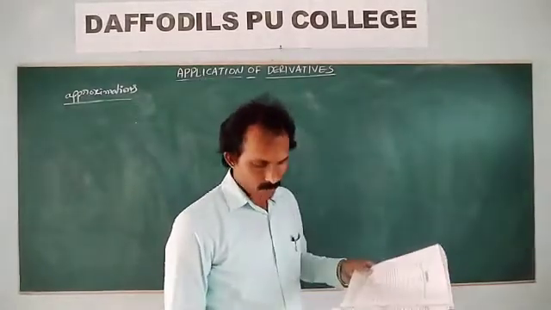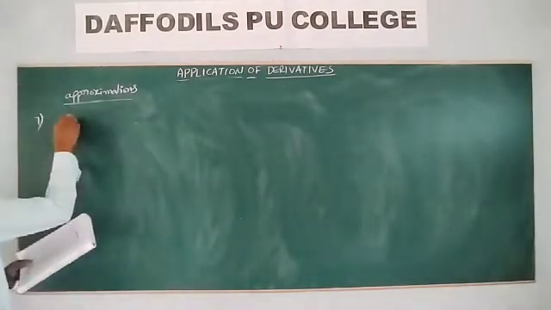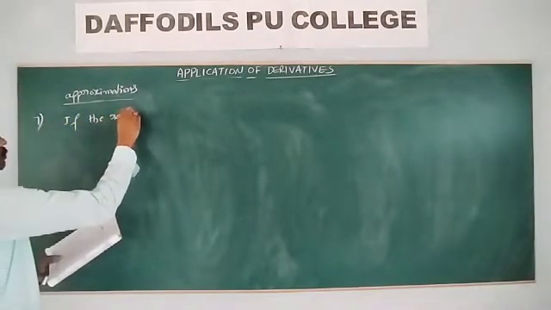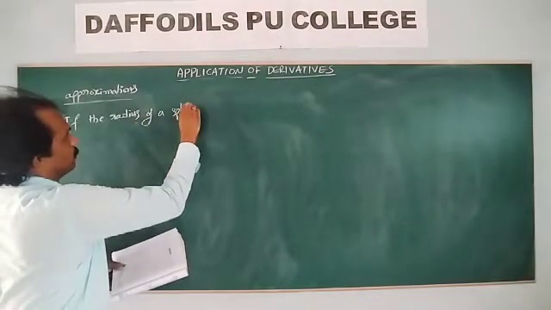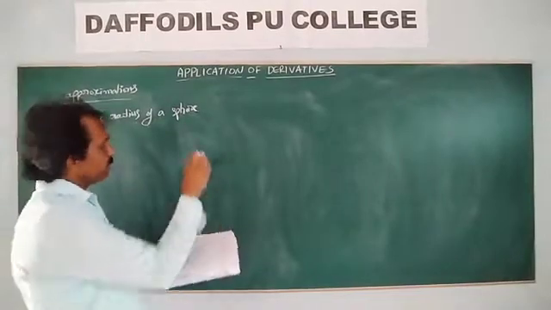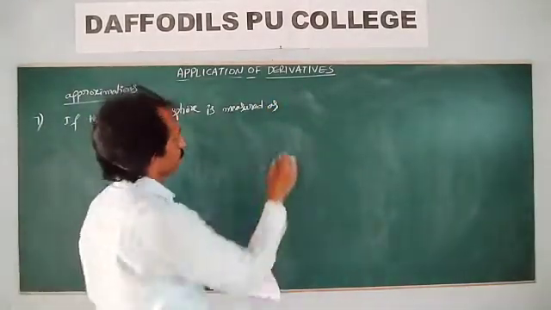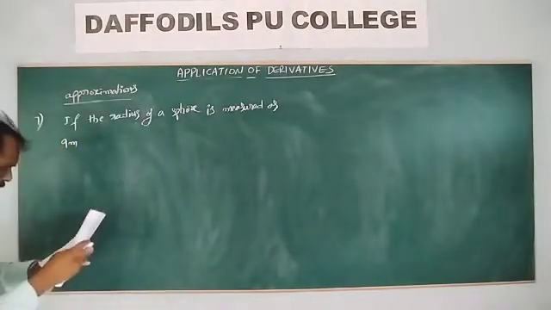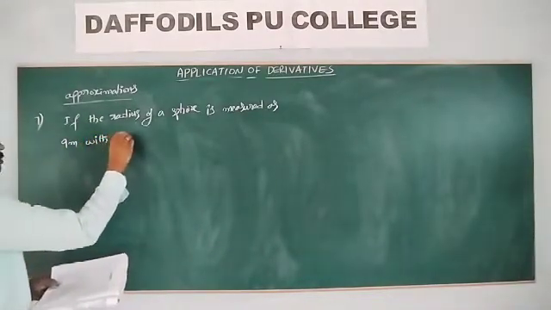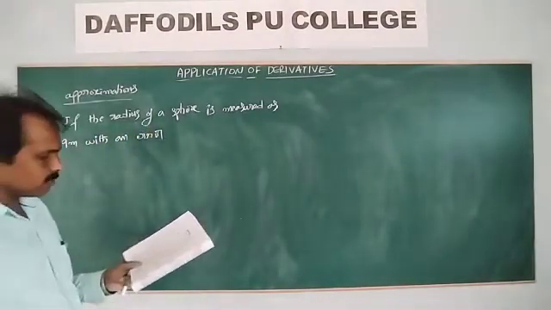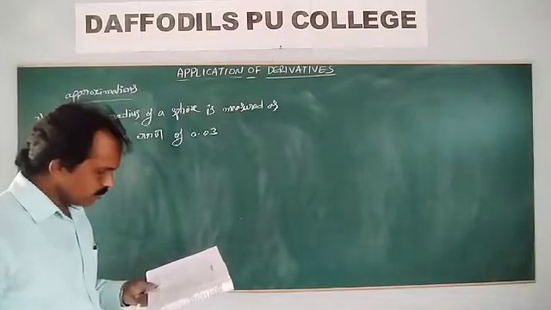Okay, next, 7th question. The radius of a sphere is measured as 9 meters with an error of 0.03 meter.